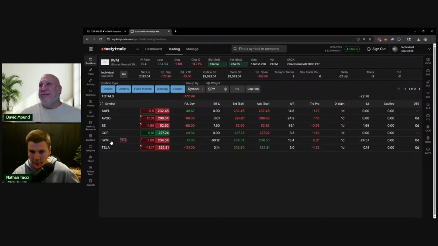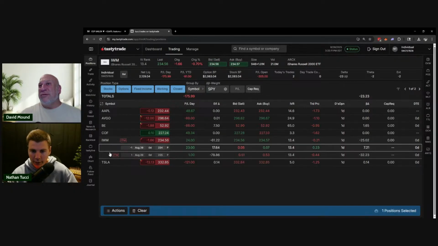So I can probably see if I can close the IWM, because that one we obviously didn't put a closing order on as a hedge. But now that we're getting toward the end of the day, we can probably go ahead and close it. What's the IWM at right now? Let's see. It is at 234.56. So we're kind of right in between.